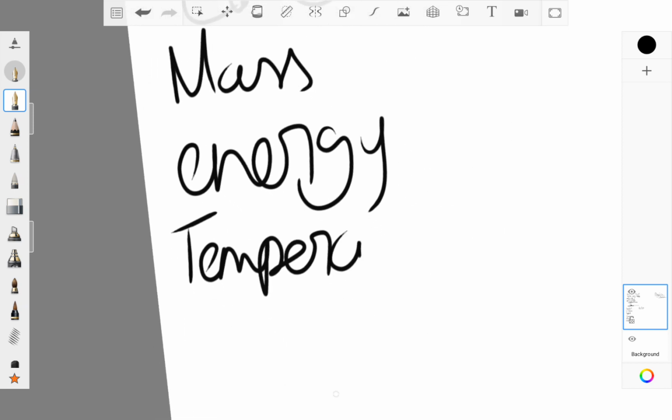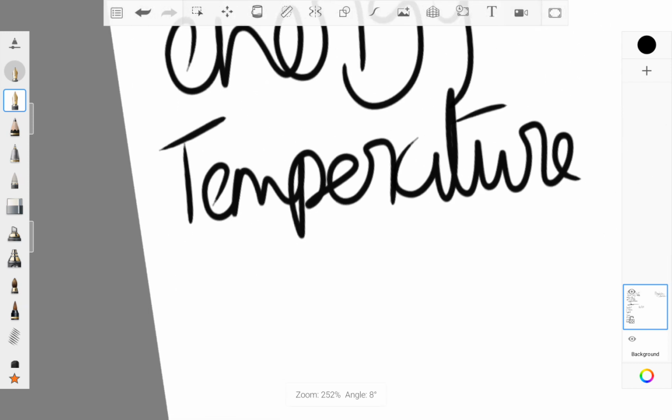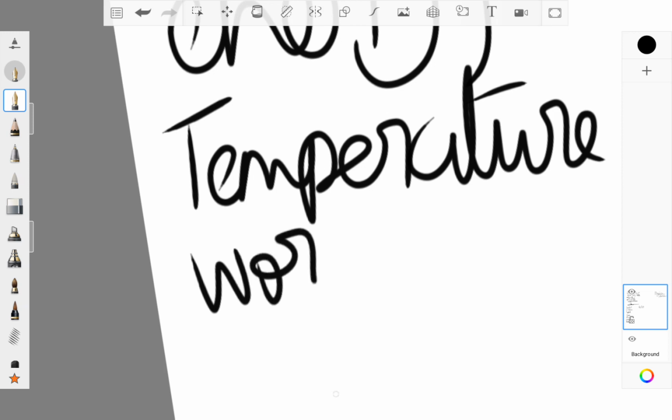Now these are the ones that you must know according to the syllabus. Let me add on a few more just for your knowledge. Work done is a scalar quantity. So yeah.